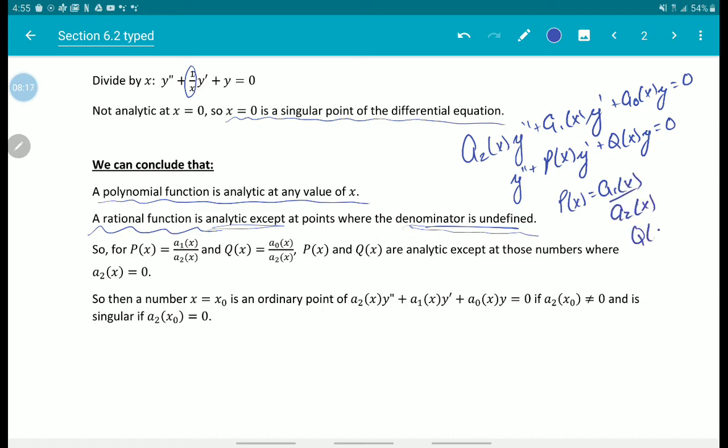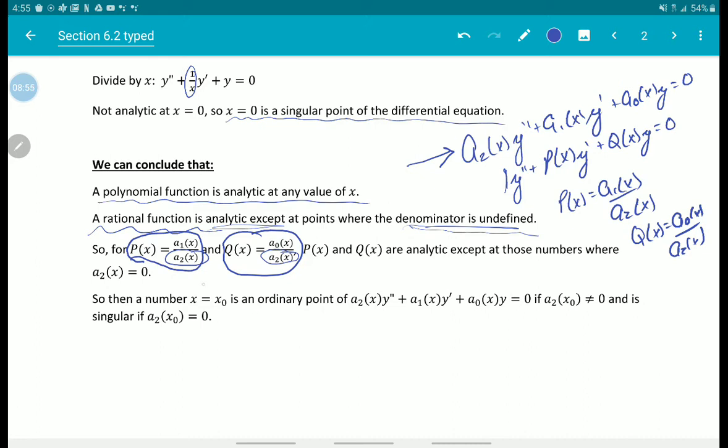And then q of x is equal to a naught of x over a2 of x. This is just coming from taking this differential equation and putting it in proper form, where we have a 1 as that leading coefficient. Then it's really going to be analytic everywhere except where that denominator is going to be equal to 0.